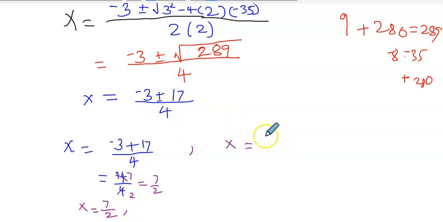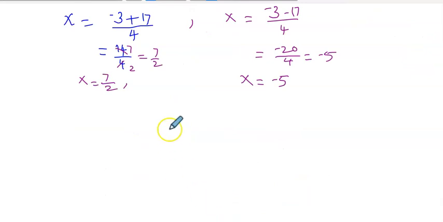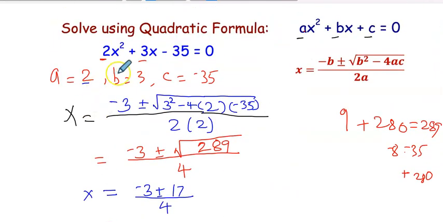Also x is equal to negative 3 minus 17 divided by 4. Negative 3 minus 17 is minus 20, divided by 4, which is negative 5. That is x is equal to negative 5. So my final answer, x is equal to negative 5 comma 7 over 2. So these are the solutions for the given quadratic equation 2x square plus 3x minus 35.